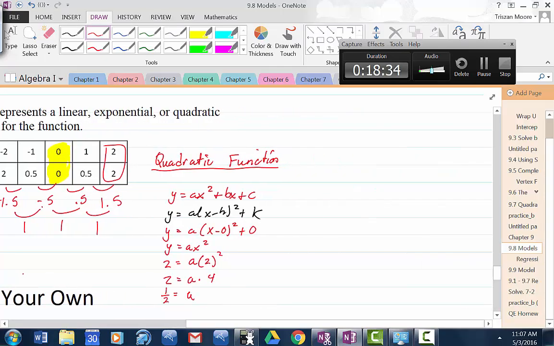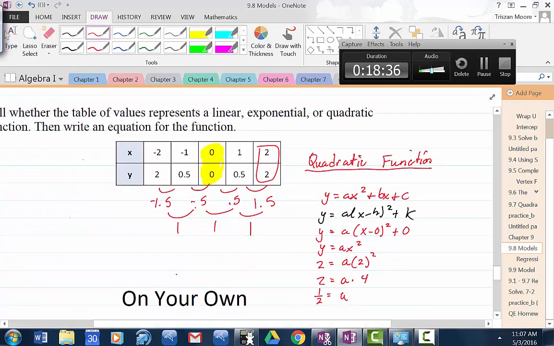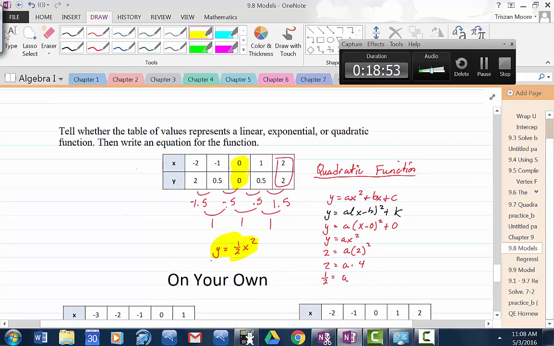A has to equal 1/2. So that means that the function is going to be y equals 1/2 x squared. So we see ways that we can actually find out what the function is just by looking at the actual chart.